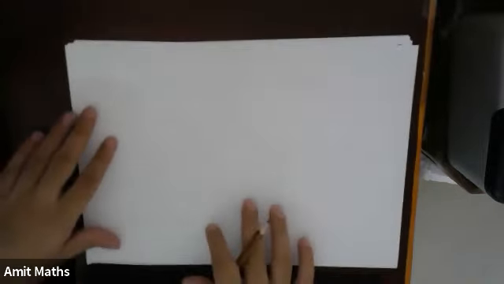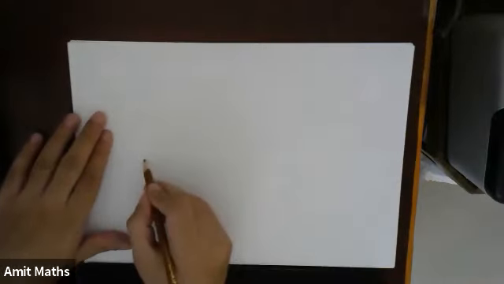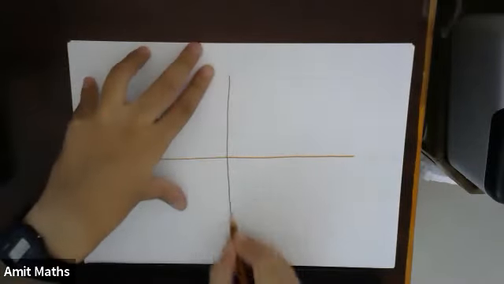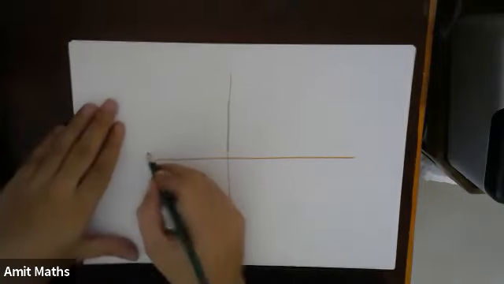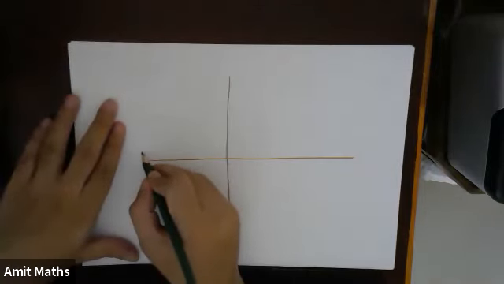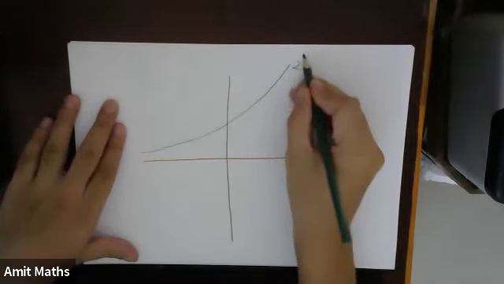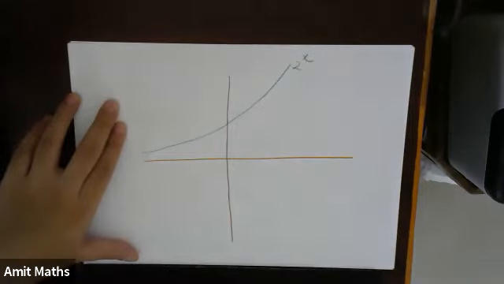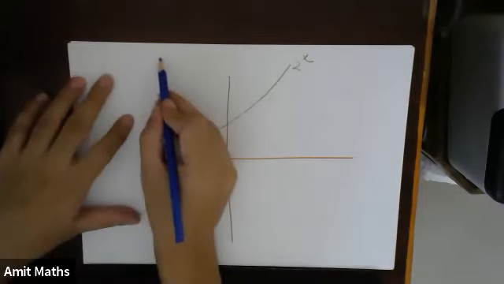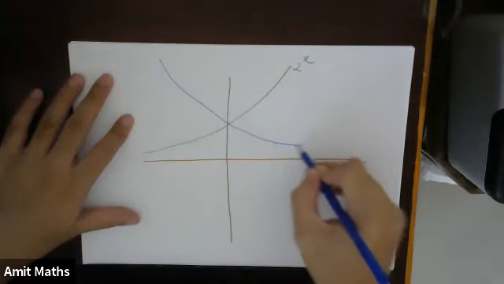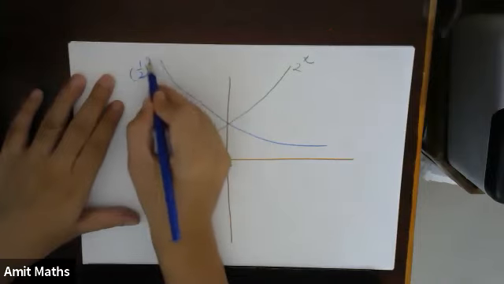Fine. Okay, now see, for exponents, suppose this is for 2 to the power x, so this will be for 1 by 2 to the power x.